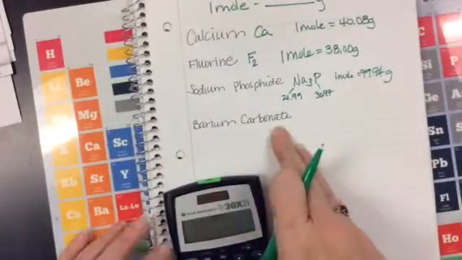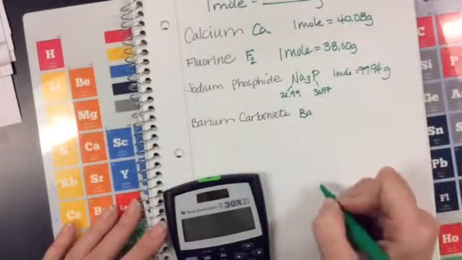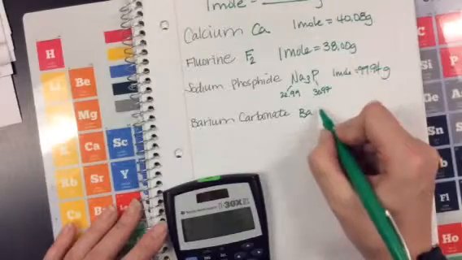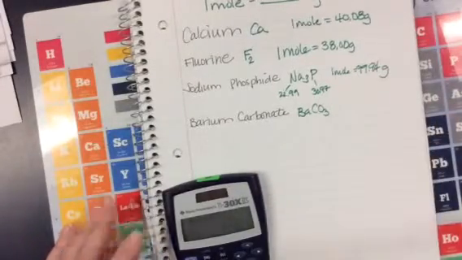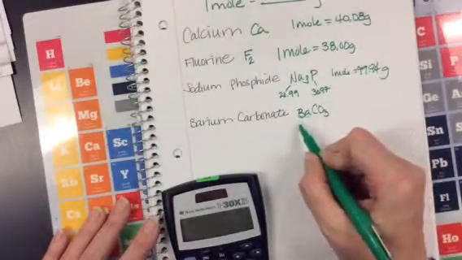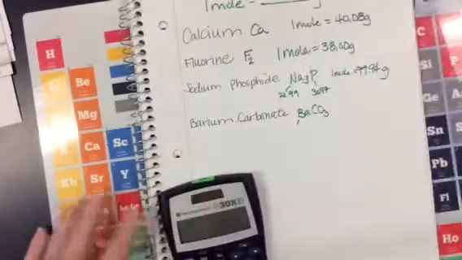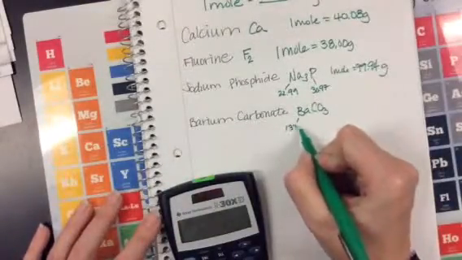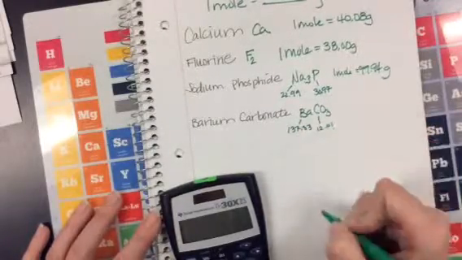On the last one that I have down here, we have barium carbonate. Barium, Ba, has a +2 charge. Carbonate is CO3 -2. So when we swap and drop there, it's just BaCO3. With this one, we're going to find the mass of barium on the periodic table, which is 137.33. The mass of carbon on your periodic table is 12.01.